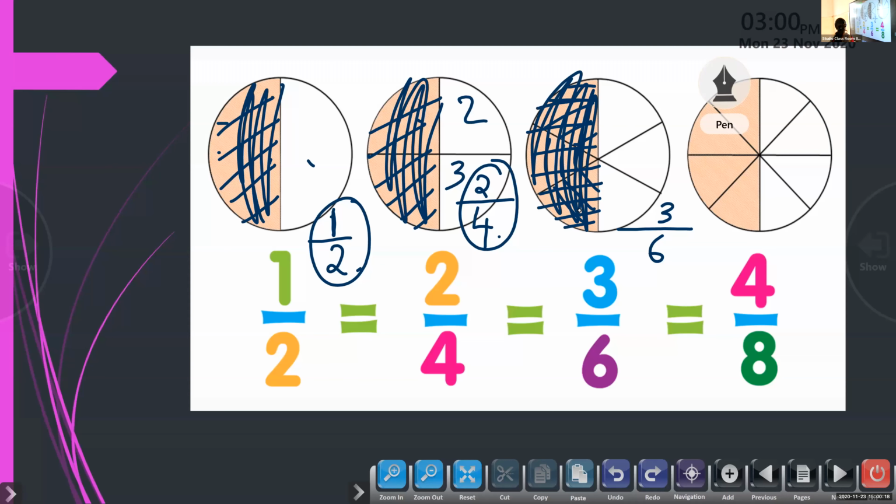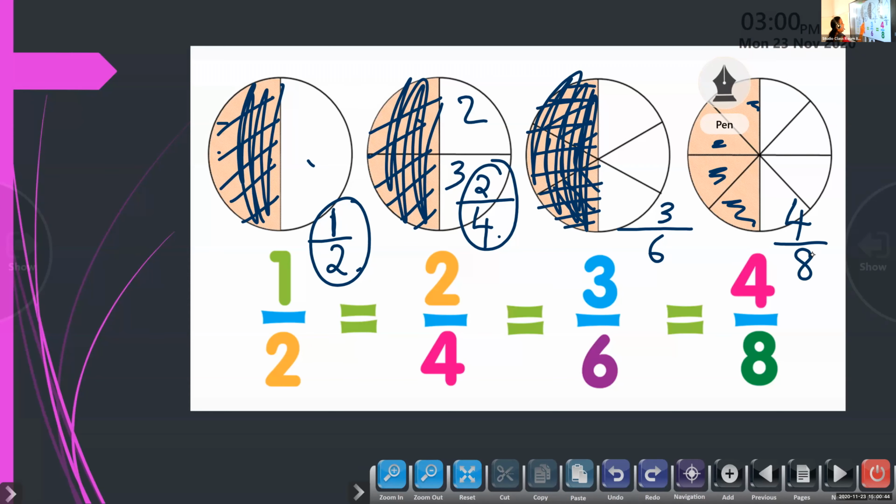Okay. Now the last picture, children. Camera, I cannot see some children there. Okay, Arpita, the last one. Look at the last fraction. What is this? 4 by 8.